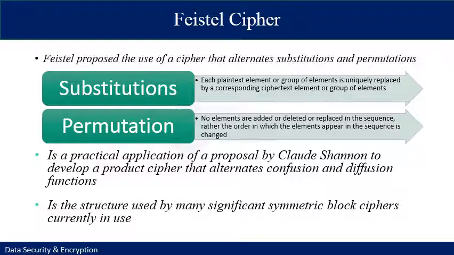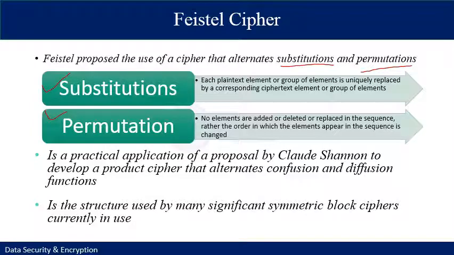That means you substitute the value with some other values. Permutation states that no elements are added, deleted or replaced in a sequence; rather, the order in which the elements appear in the sequence is changed. That means no new element is added or substituted, only the original plain text is shuffled so that the sequence is changed.